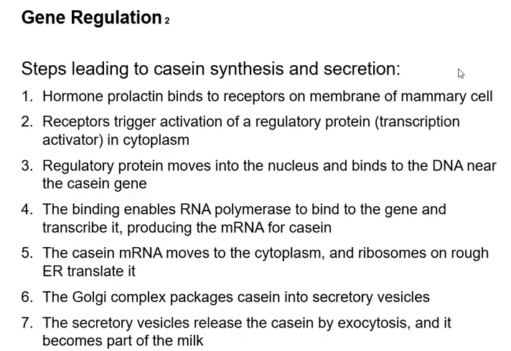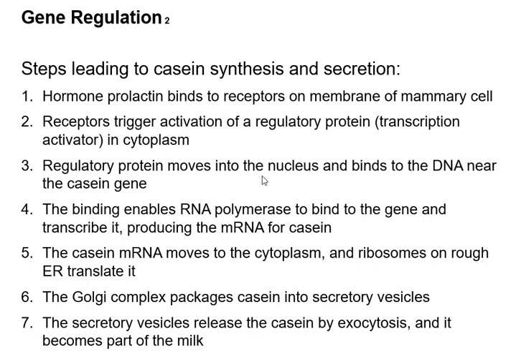I'm going to spend a minute or two on this particular slide because there's a couple of things that I think are important. One of them is, this is a nice overview of some of the things we've been talking about. There are receptors on mammary cells, in the breast cells, and human prolactin can bind to those receptors. So they're on the outside of the cell, but they can trigger a protein on the inside of the cell membrane.